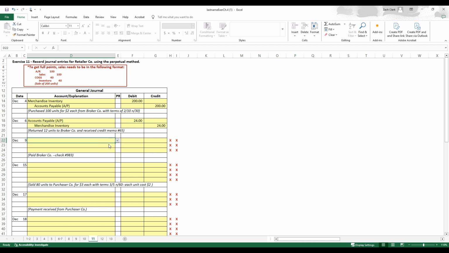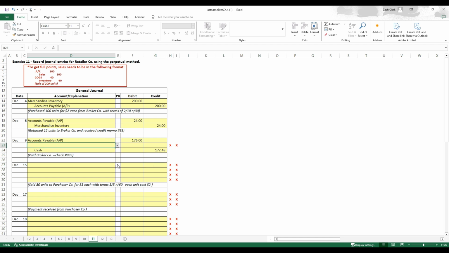So our AP, again, I like to start with the payables going to 0. Our net payable that we owe at this point after factoring the returns is $176. And then we're going to pay cash. So let's go down to cash, and we're going to be paying 98% of the bill because we're taking the discount.